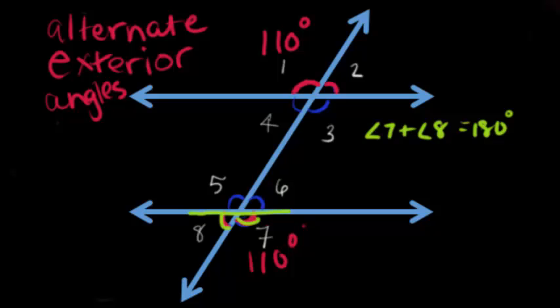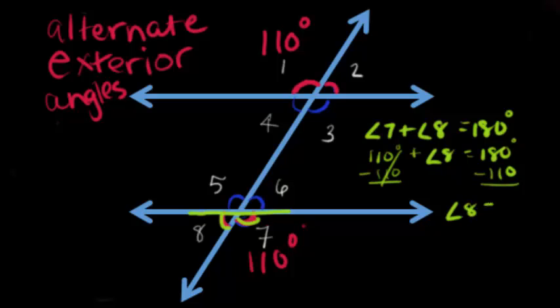And so if I substitute in 110 degrees for angle 7, then I get 110 degrees plus angle 8 equals 180 degrees. And if I subtract 110 from both sides, then my 110s are going to cancel and I'll get angle 8 equals 70 degrees.